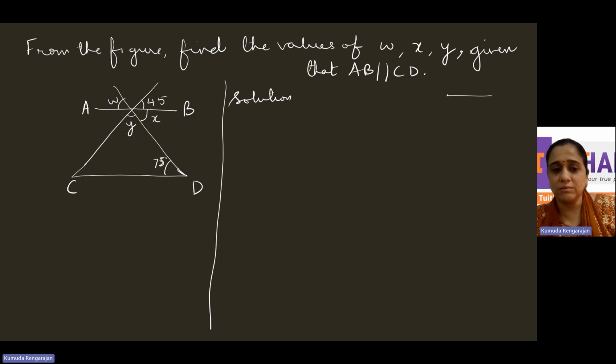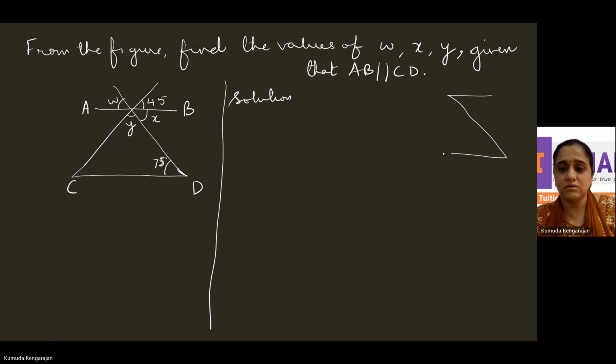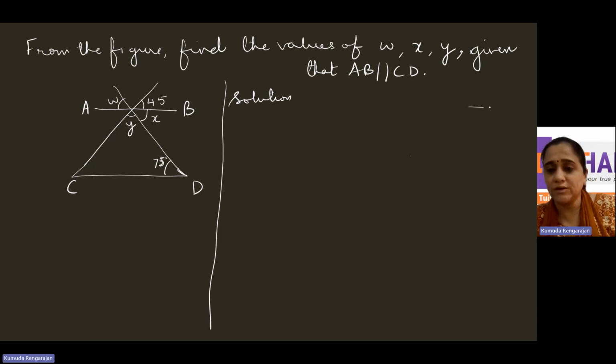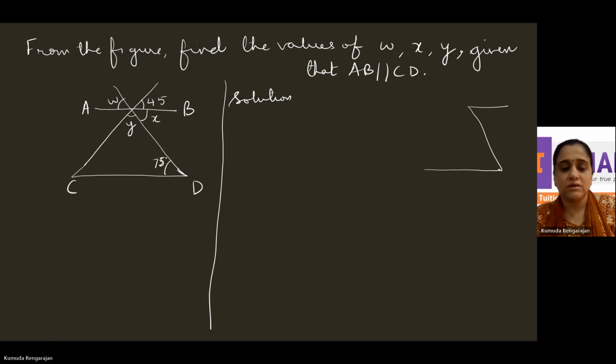Can you tell me what I have shown here? Correct. I'm taking a part of the figure so that I understand better. Can you see CD here? Can you see something marked B here? Let us call this point O.